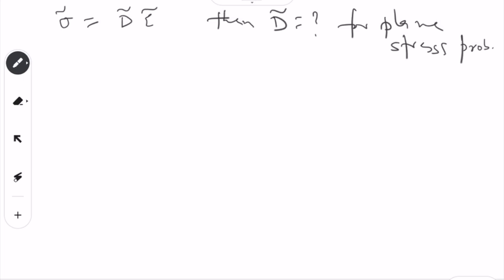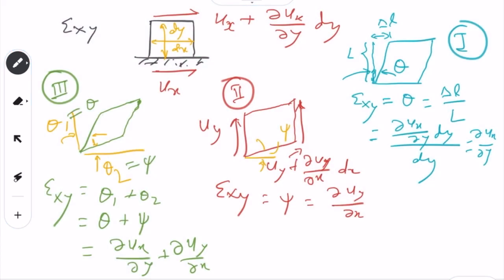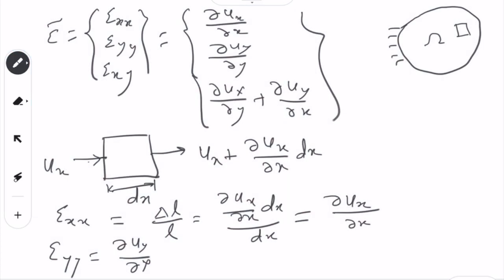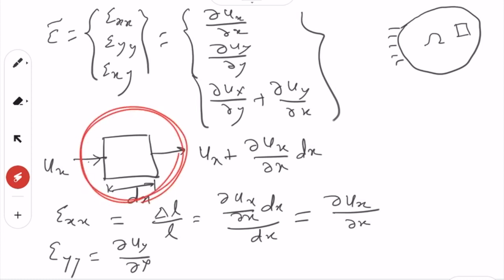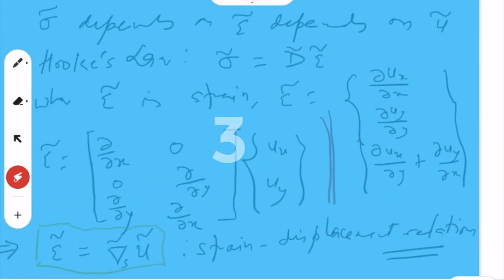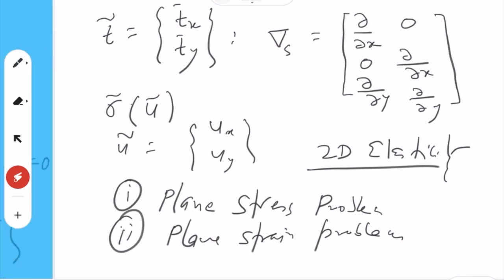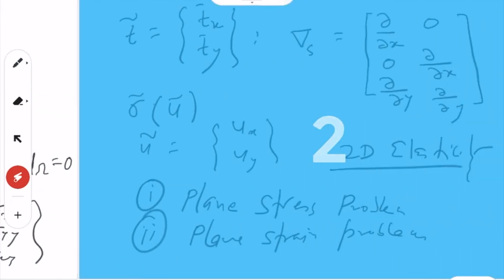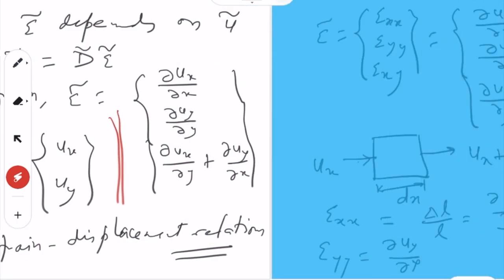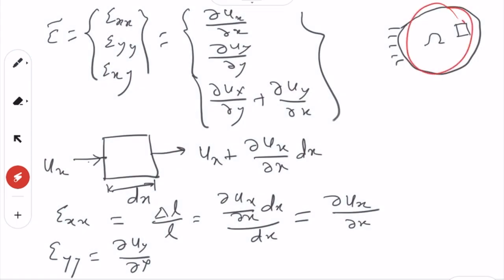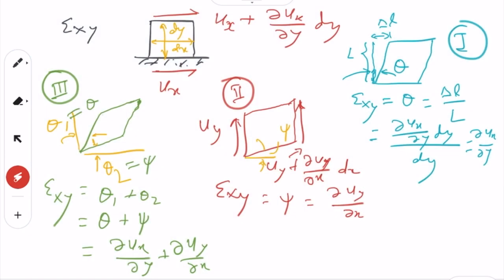Let us say again we are having one element such as this one, where by element I don't mean the finite element, basically the meaning that some square part that I'm getting out of the plane problem. From here I am taking a square part, very small, just to analyze.